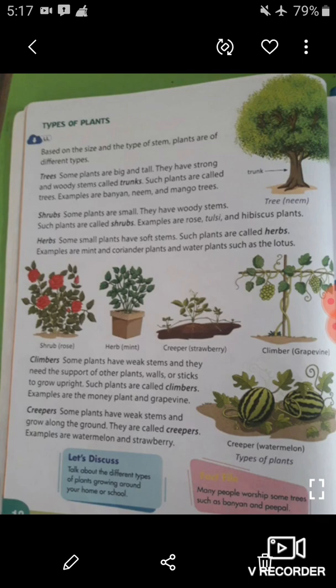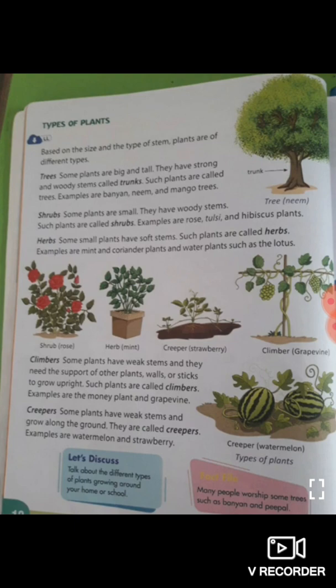Many people worship some trees such as banyan and peepal. So students, many people worship some trees such as banyan and peepal because both trees are holy trees for Hindus.